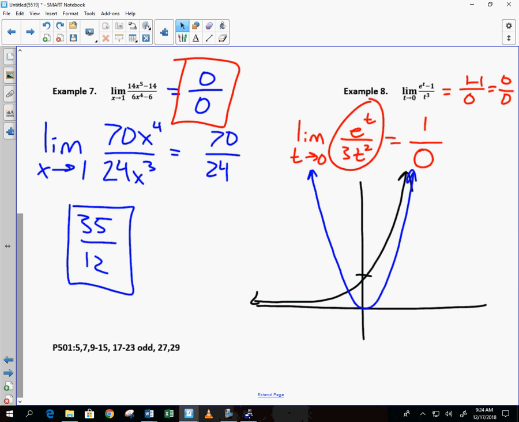E to the t. I'm going to approach 0 from the right. What is the output approaching? Positive 1. What is 3t squared approaching? 0. All the values in both situations are positive. So you get a positive 1 divided by a very small positive number. What will be 1 divided by a very small positive number? Infinity.